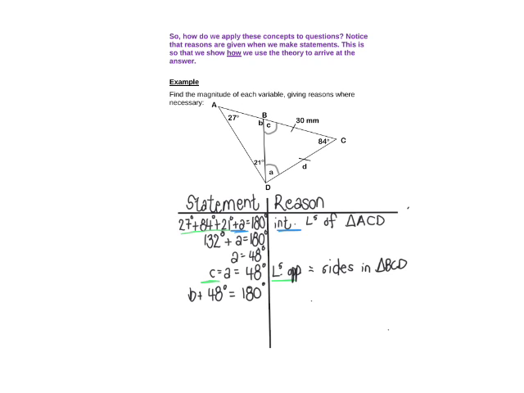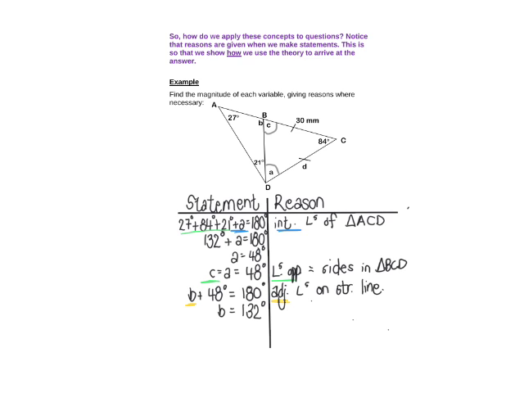Again we're starting with a new variable, so we need a new reason for this variable being solved. That would be, like I said, adjacent angles on a straight line. And then we can solve it by subtracting 48 from each side. We get that it is 132 degrees.